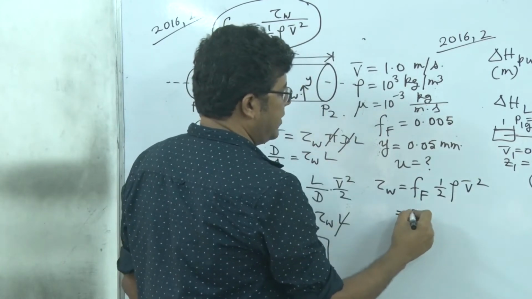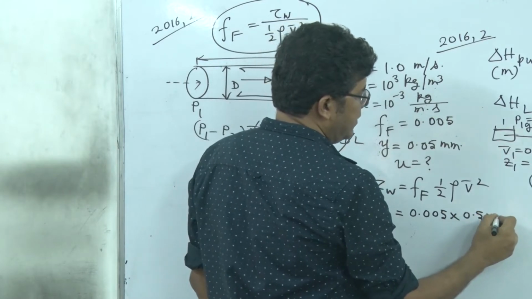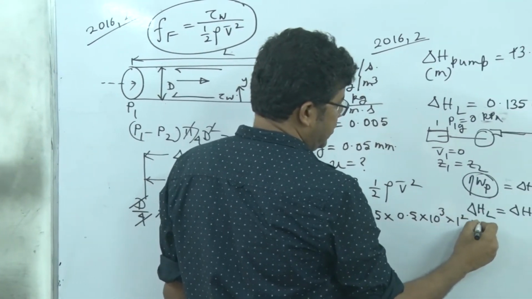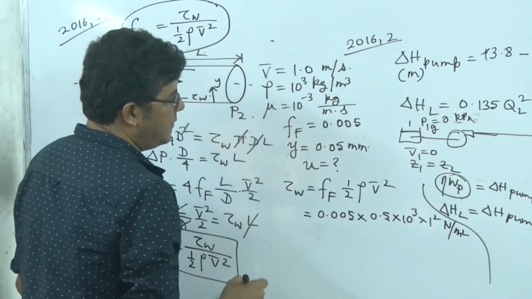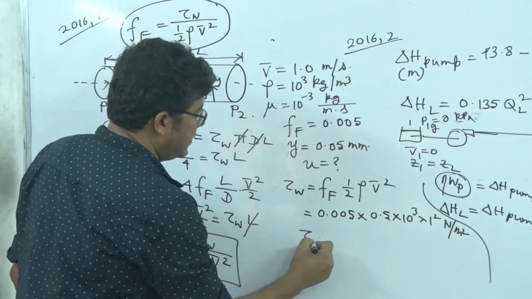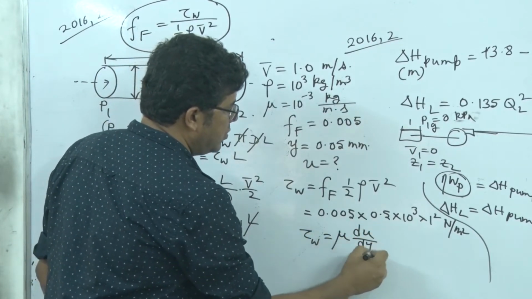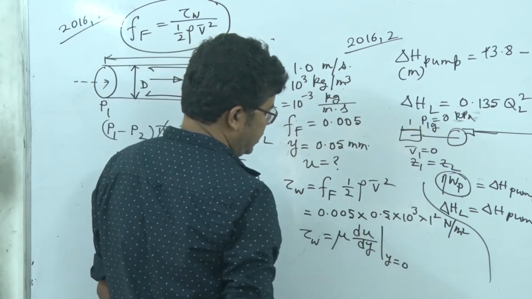So that is 0.005 into 0.5 into 10 to the power 3 into 1 square, in Newton per meter square, we can calculate. So once you have Ff, now you see that tau W is equal to mu into du dy at y equal to 0.